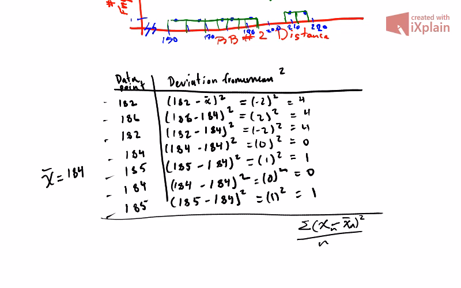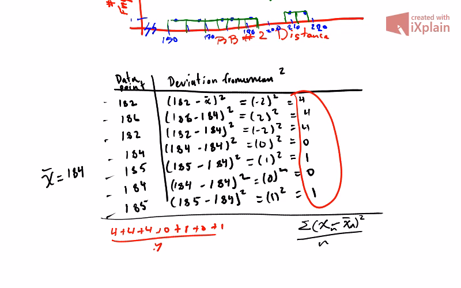So the overall average is the sum of all of these numbers, 4 plus 4 plus 4 plus 0 plus 1 plus 0 plus 1, divided by 7. This is going to be the overall variance. In this case, 4 plus 4 plus 4 is 12, plus 1 is 13, plus another 1 is 14. So I get 14 divided by 7, which is 2.